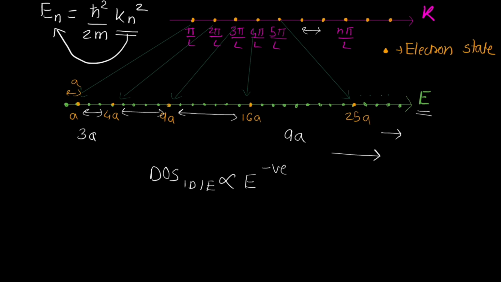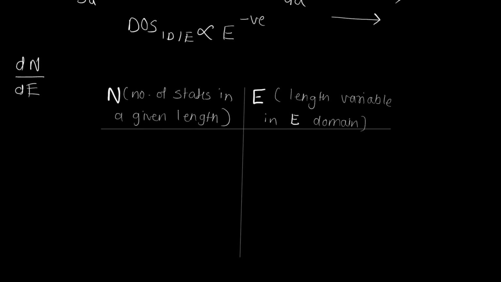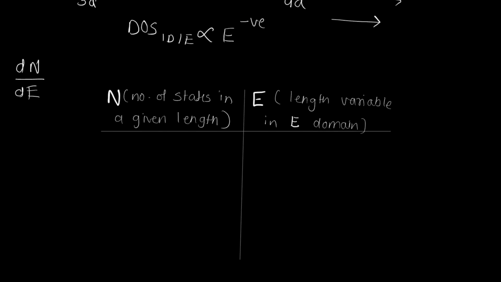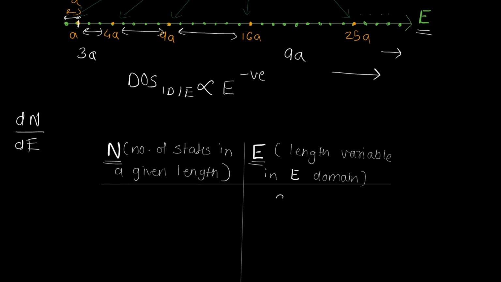So again, what we are looking for is this dN by dE. Again, I have drawn this table and I'll try to find a relation between this capital N and E. Now, when the length was A, total number of states in this length was 1, which was at this particular position.